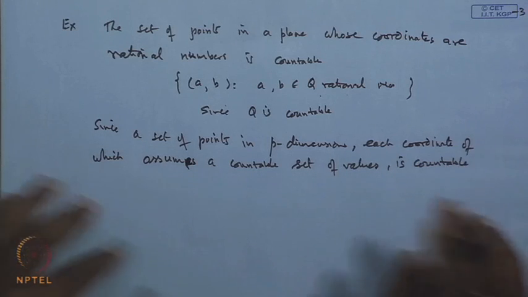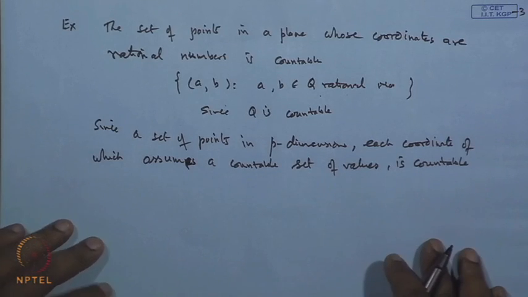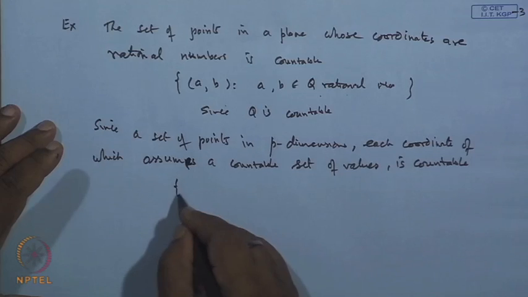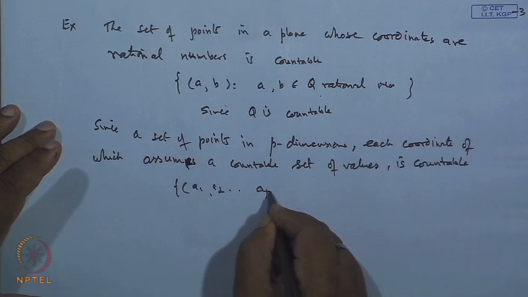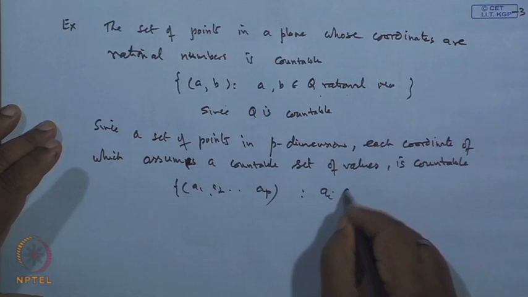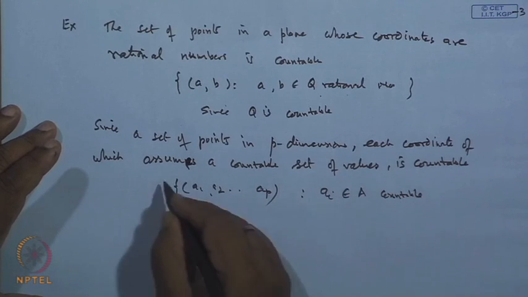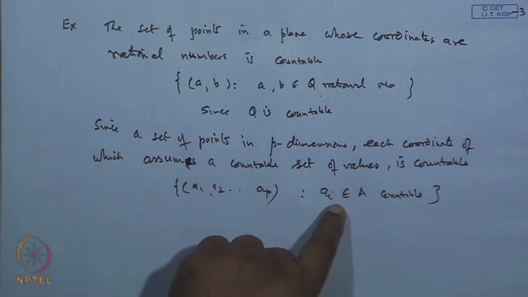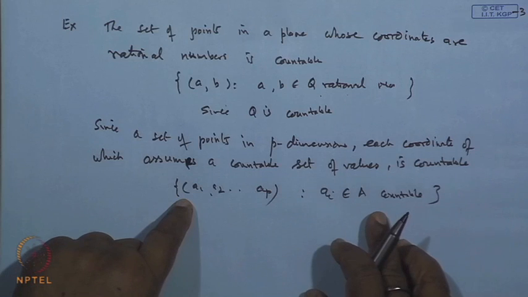In fact, this was shown already, because suppose a set of p dimensions is there, we prove by means of induction. We have shown that if this set A1 × A2 × ... × Ap, where the Ai's are in a set A which is countable, then this collection of the set is also countable, and this we have shown when p is 1, then this coincides with the set A which is countable.